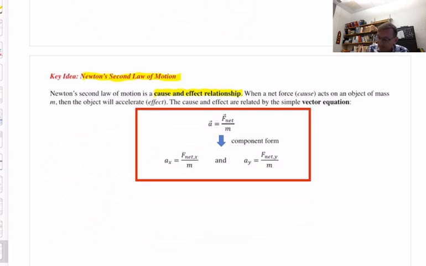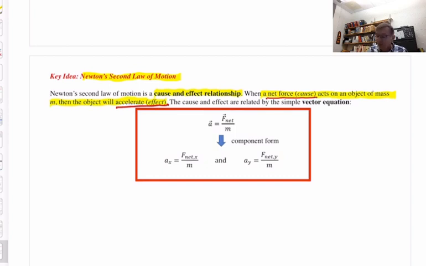That is to say, when you have a net force acting on an object, that net force causes an object with some mass m to accelerate. A net force acting on an object causes that object to accelerate. So cause is net force. Effect, acceleration.